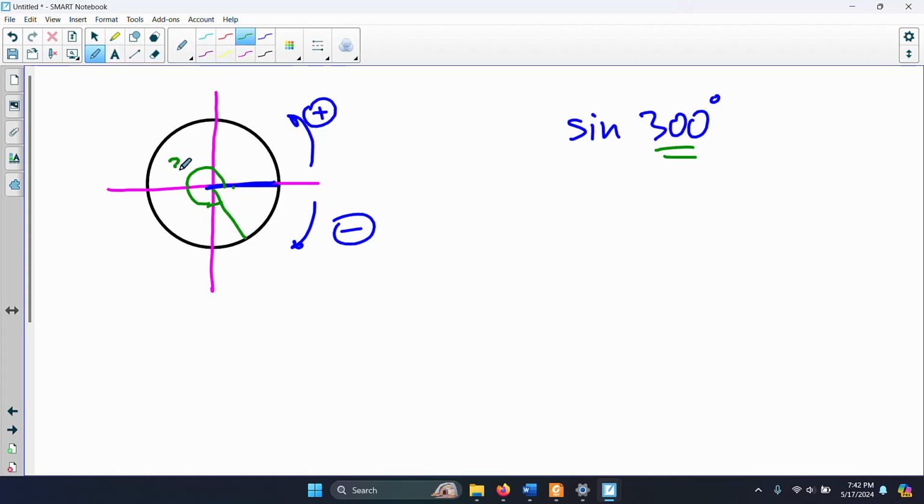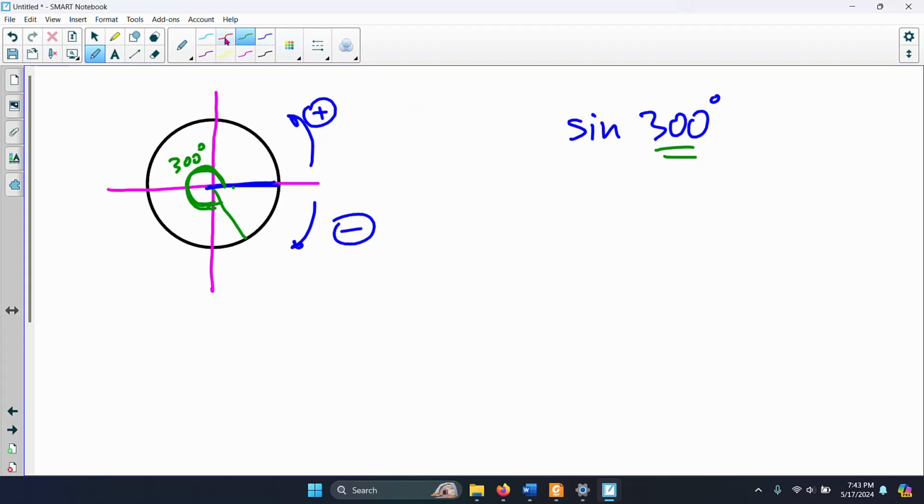This is 300 degrees. I'm doing this in degrees and not radians as an introduction, but I will very quickly switch to radians. So here's a 300 degree spin in a positive direction, and I'm indicating with the angle indicator which way I'm spinning. I'm starting here and I'm going this way.